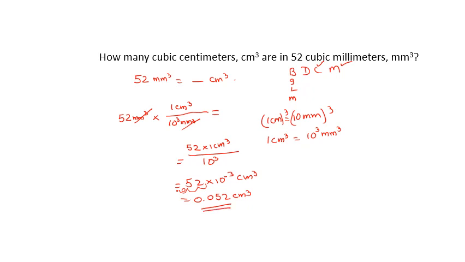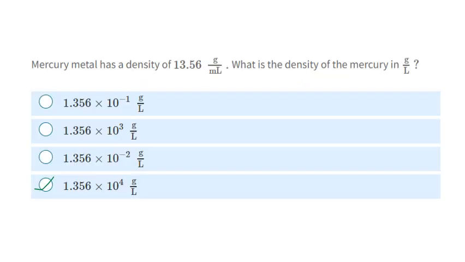That's clear? Okay. Here is a slightly different question. So let's see how to convert in this case. So here 13.56 grams per milliliter, we had to convert it into grams per liter. Only the denominator unit is changing. So we know milliliter to liter conversion. So by the mnemonic, here is the liter, here is the milliliter, right? So 1, 2, 3.